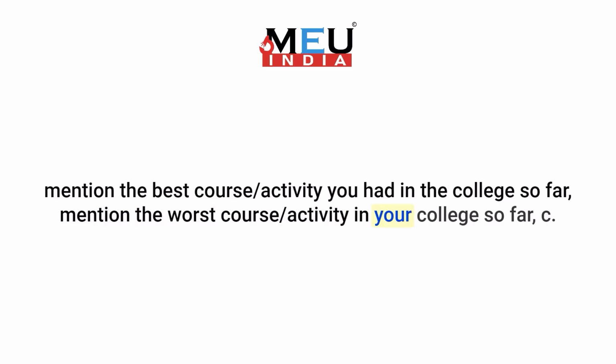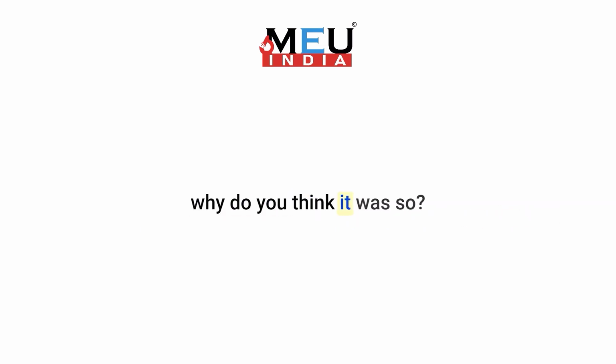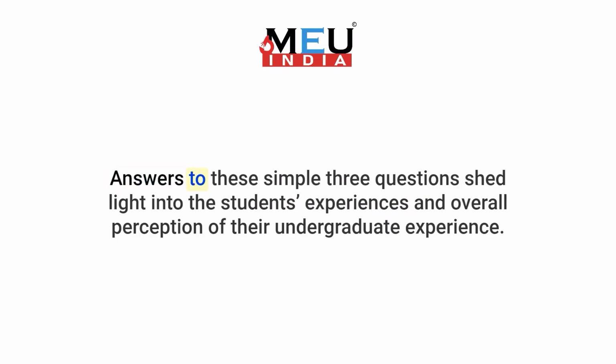B. Mention the worst course activity in your college so far. C. Why do you think it was so? Answers to these simple 3 questions shed light into the students' experiences and overall perception of their undergraduate experience.